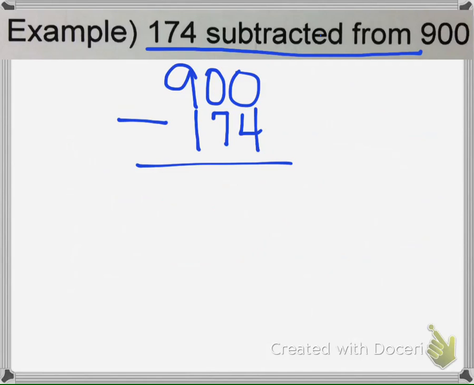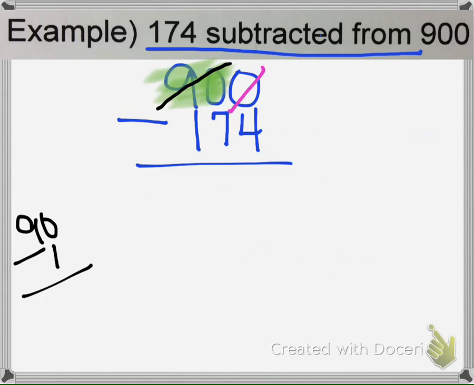So we're going to have to look next door, but you can't take something away from nothing. So then you have to go over one more, and now you're looking at this as 90. So we're going to have to borrow from 90. We're going to take 1 from 90. And if we have 90 and we take 1 from it, now it's 89.